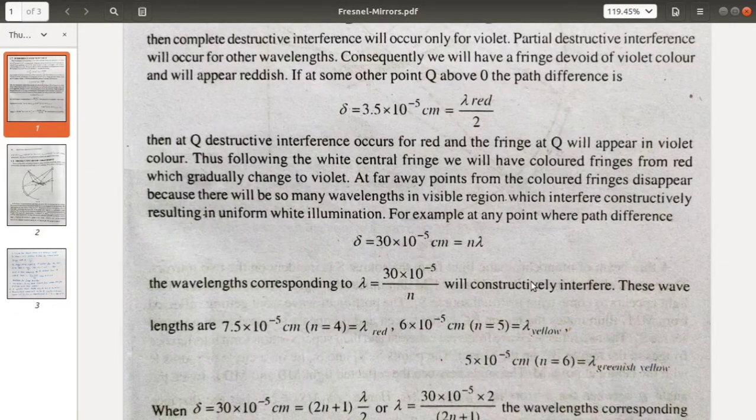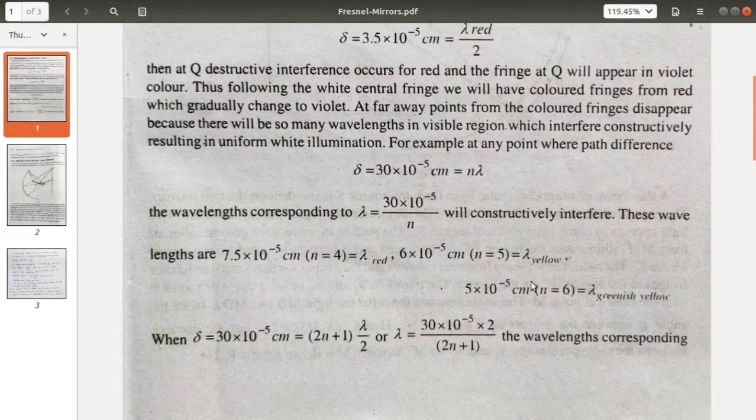That means at very far away points from the central point, the fringes will fade away because the light waves from the visible region can constructively interfere there. It is shown here with an example.